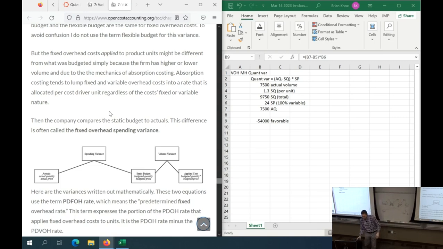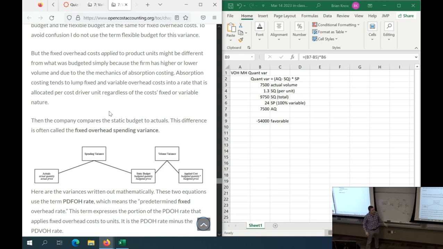And likewise, it's not worth attempting to create causal linkages between the price we spent and the quantity used in fixed overhead, because the reasons why fixed overhead goes up or down from static budget to actual just don't tend to line up with this paradigm right here.